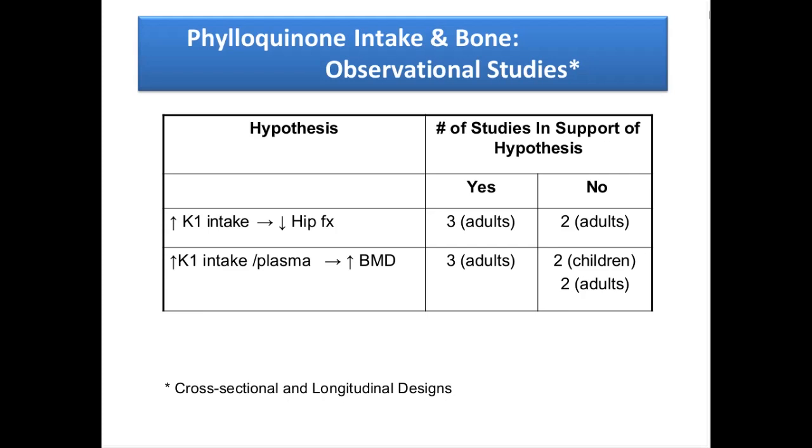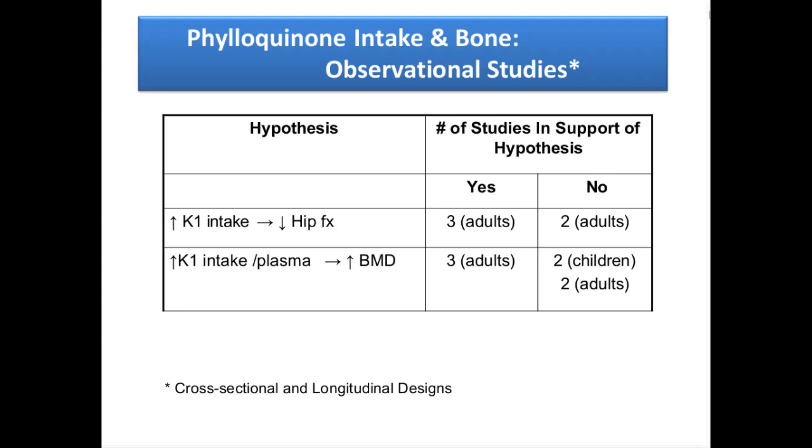So the first studies that came out related to vitamin K1 in bone, and what they found was that the higher the intake of vitamin K in population studies, the lower the risk of hip fracture. And this was shown in the first 3 studies in adults. There have since been at least 2 studies that have not shown this.